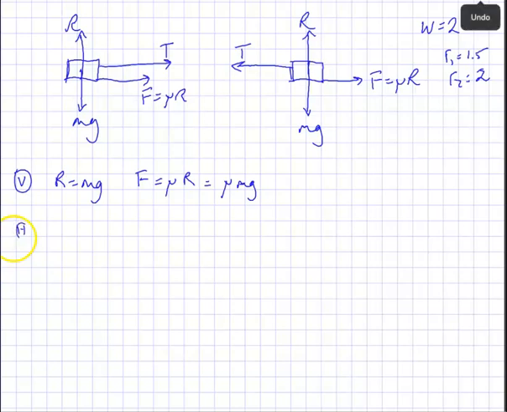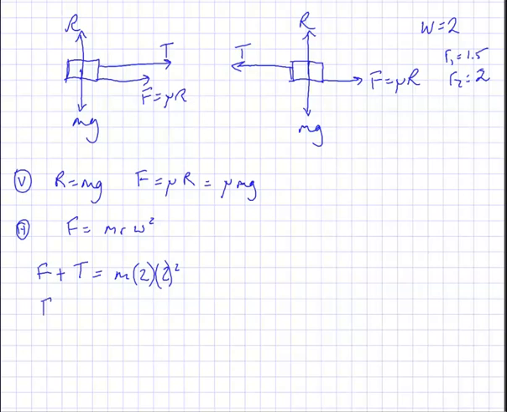If we now look horizontally, now that we've been given omega, I'm going to use m r omega squared. The forces acting towards the center are both the friction and the tension in the string, and that's equal to the mass multiplied by the radius, which for this particular one is 2, and omega squared, where we know omega is 2.